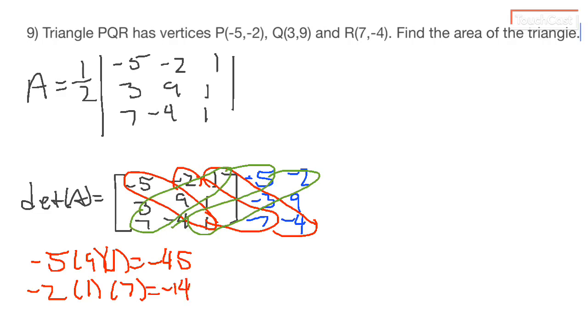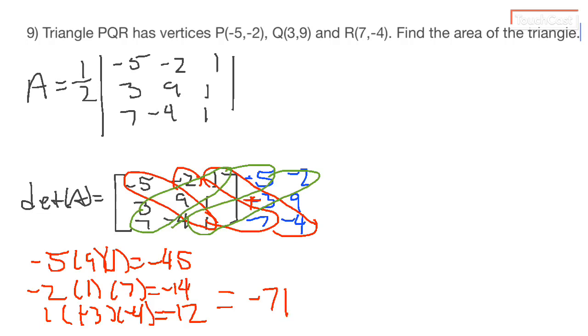Then we're going to have 1 times negative 3 times negative 4, and we're going to get 12. I did make one mistake, this 3 should actually be positive, meaning 12 is negative. I made that mistake when I was writing those different columns in. When we add all of these, we're going to get negative 71.